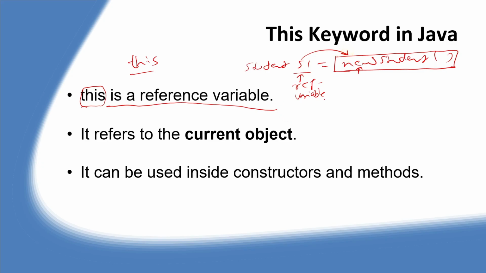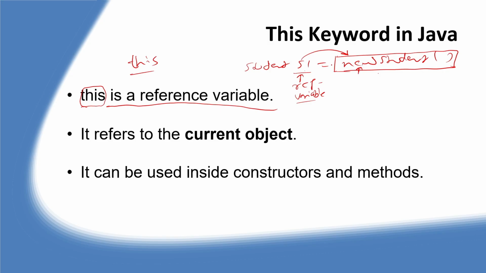The reference variable will sit in the stack memory, and the object will sit in the heap memory. The reference variable will hold the memory location of the object, and that's why it refers to that particular object.